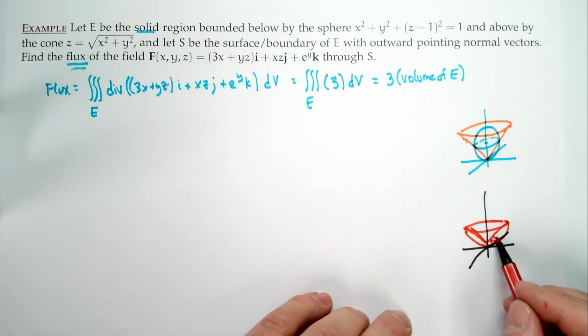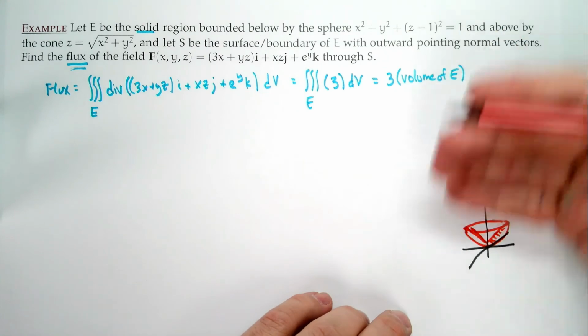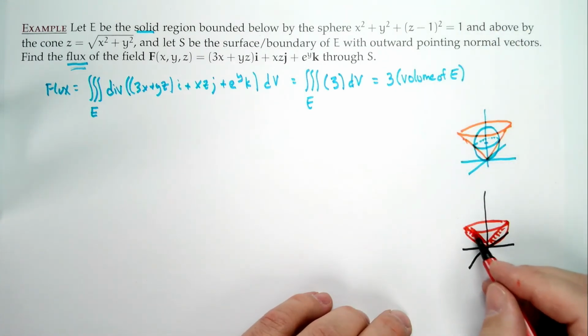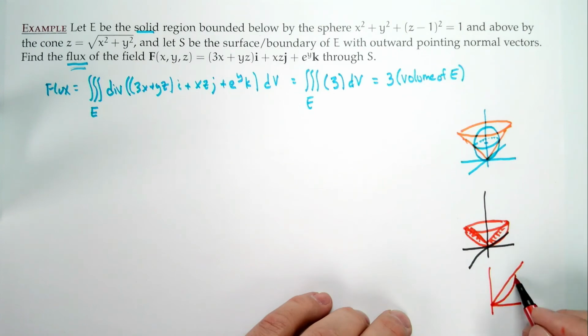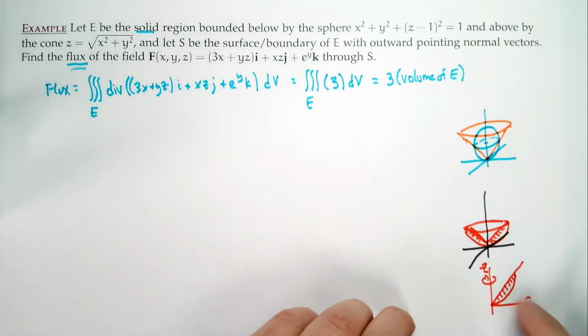So maybe it's easier to see what's happening in a cross section. So imagine we slice down, and what we'll see, if we look in the xz plane, is we see our sphere and our cone. Okay? So there we have, well, xz, yz, probably better call it rz. So what we've done is we've taken this shape and we've spun it. And whatever that area is, well, that's the area that we need.